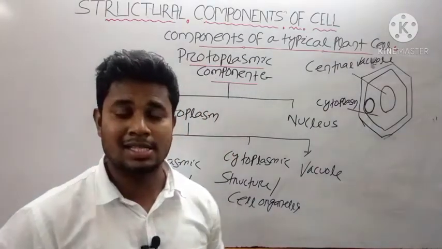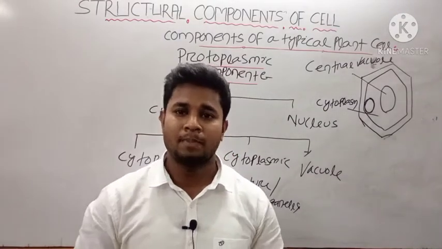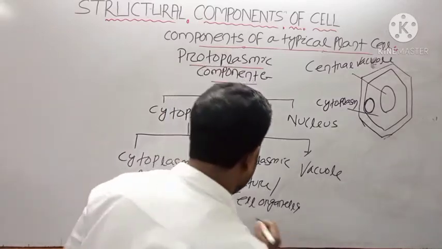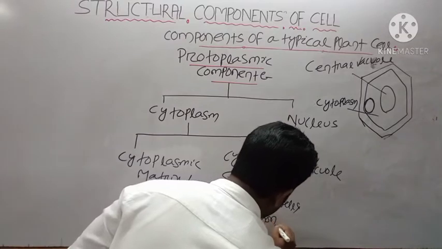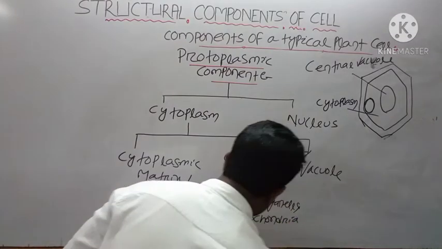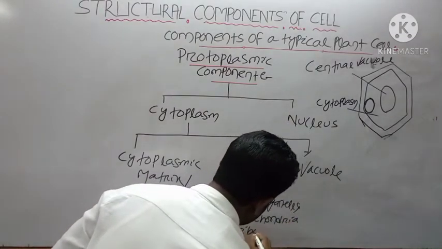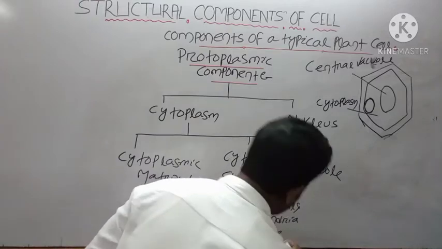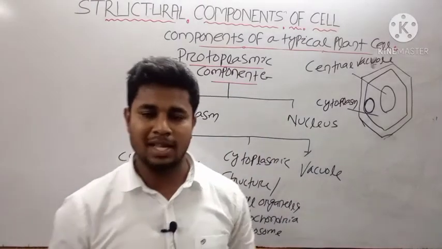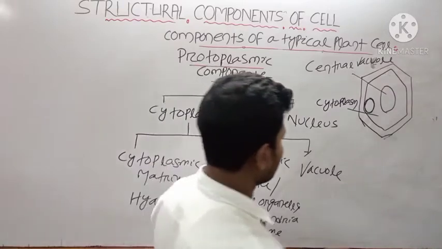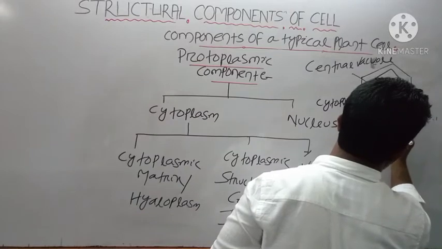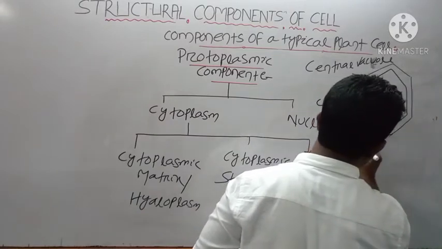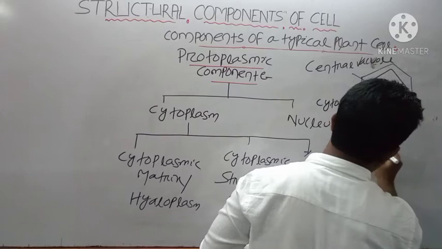What are cell organelles? Organelles are membrane-bound structures, like mitochondria and ribosomes. These are some membrane-bound organelles present inside the cell. Suppose this is the mitochondria.